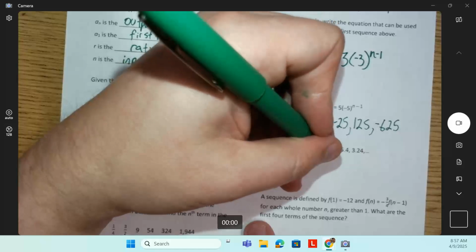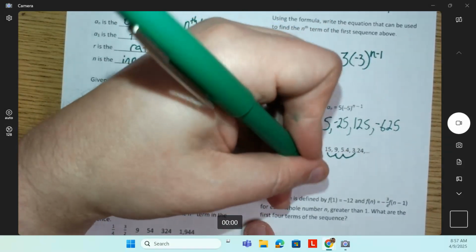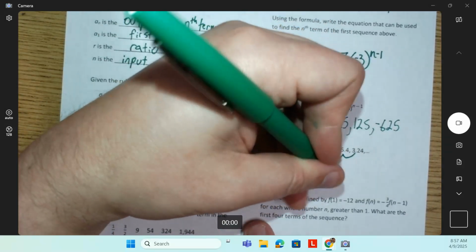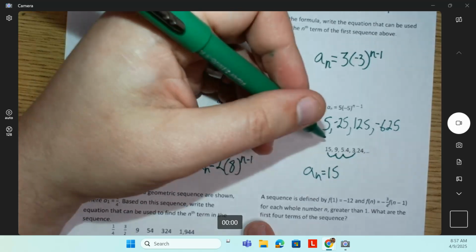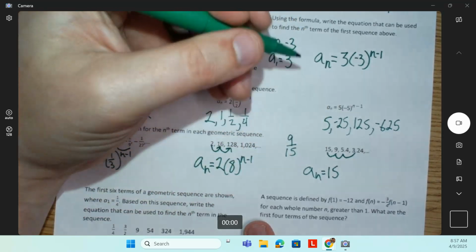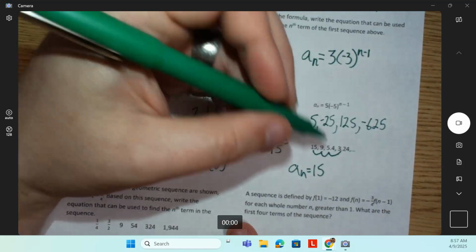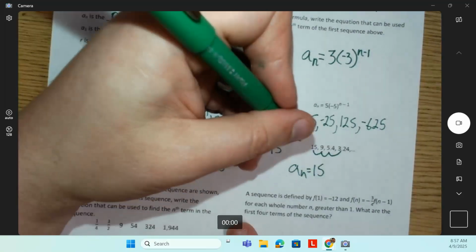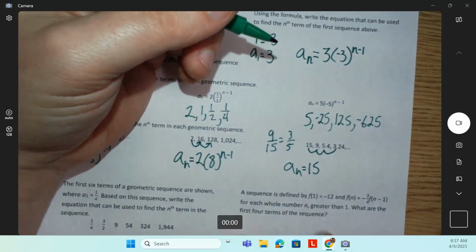And here, if I get to where, okay, I'm not sure what that is, I know at least a_n is 15 times, and we can do 9 divided by 15 to get what that number is. So I'd simplify it to 3/5, which is just equal to 0.6.